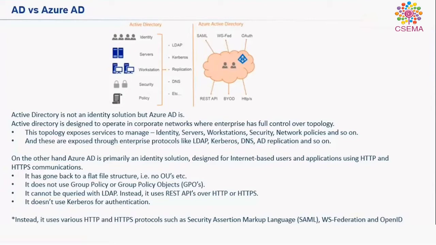REST API has now actually migrated to Graph API, so that it's more robust in terms of providing you reporting and other features. It doesn't use Kerberos for authentication. So these are a few differences you could see between AD and Azure AD.